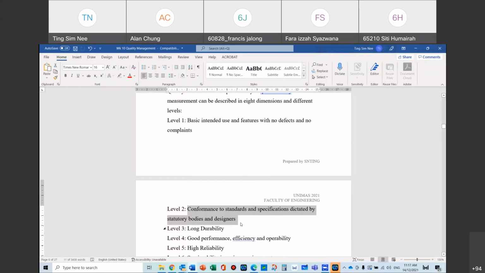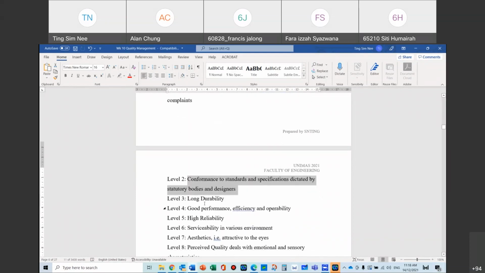So if you build a house, you need to send it for occupational permit approval. Occupational permit approval is given by statutory bodies like the councils, like JKR, like the ID. All these agencies need to give approval for you to do your work. But obviously the final one usually would be the councils, okay?